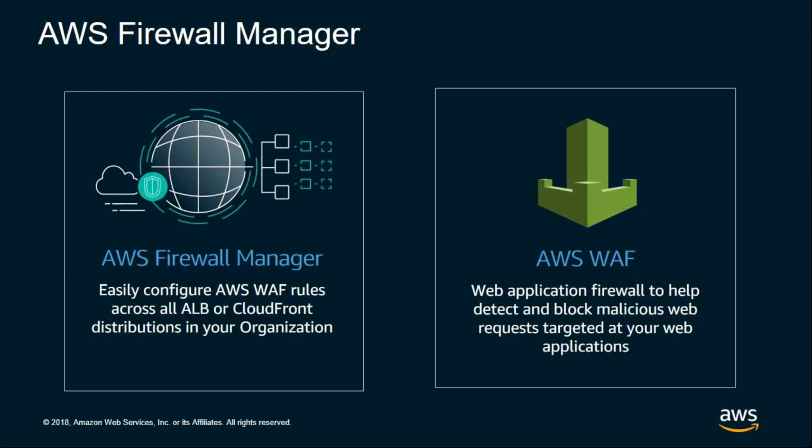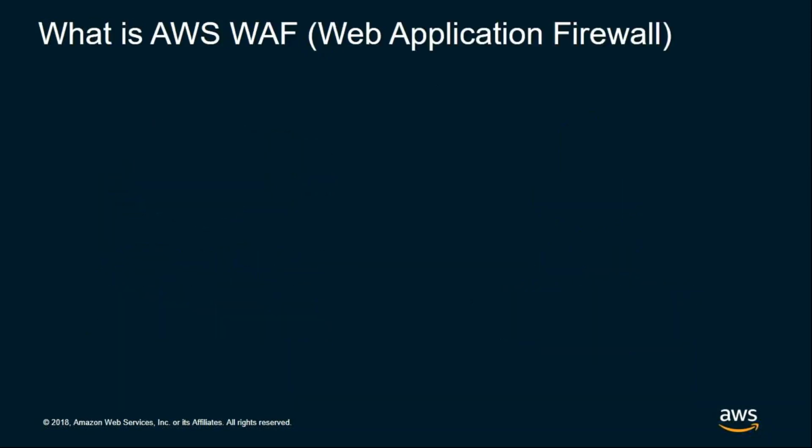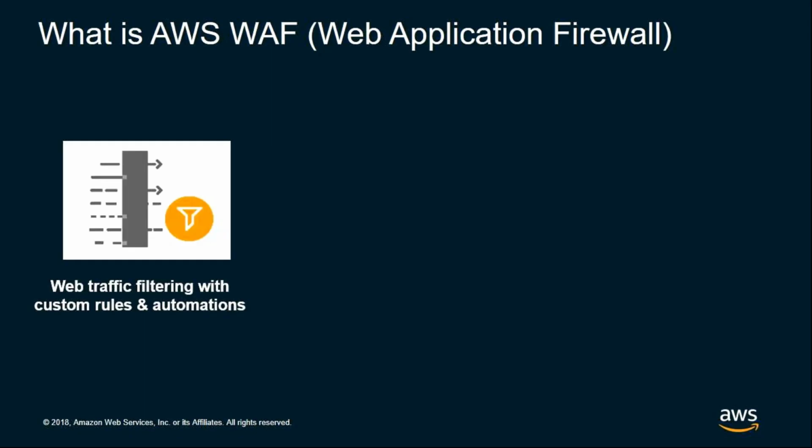And for some of you who might not already know, AWS WAF is a web application firewall which gives you highly flexible traffic filtering rules, allowing you to write custom rules and, more importantly, automations, all to respond to threats at the HTTP layer.